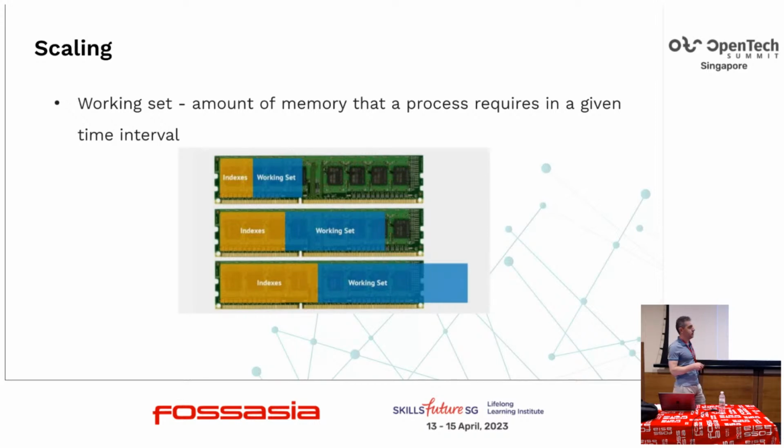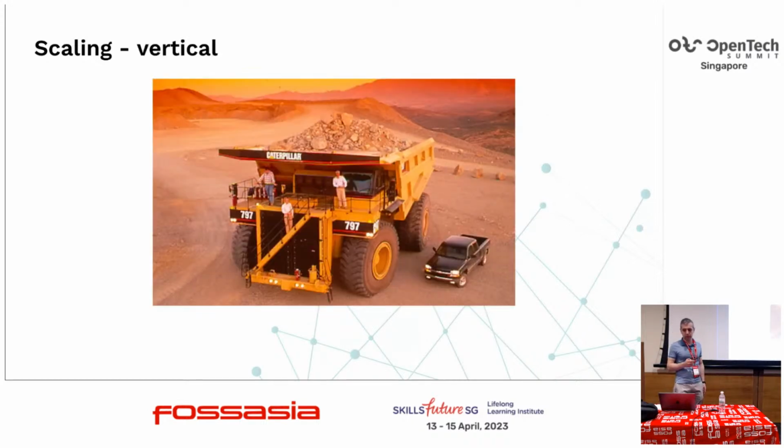As databases grow over time, at one point the working set will outgrow the memory, so we will have to start thinking about adding more memory or even more CPU power to the instance that the database is hosted on.